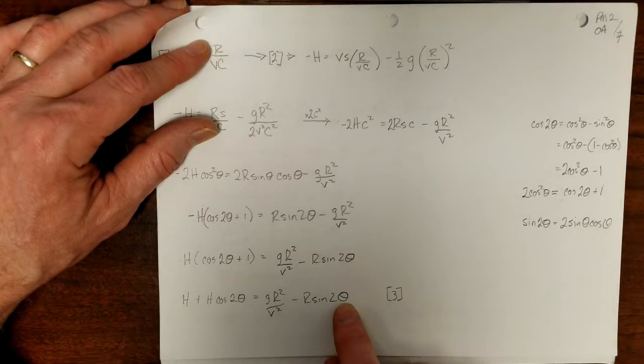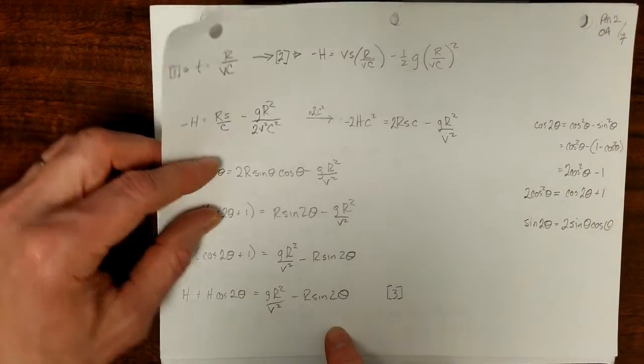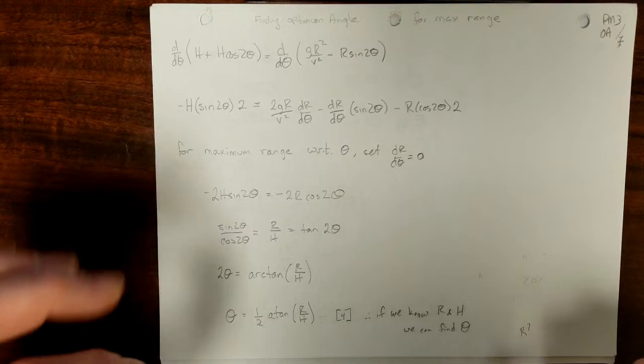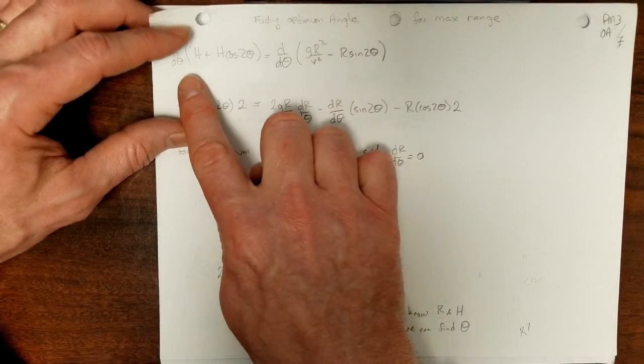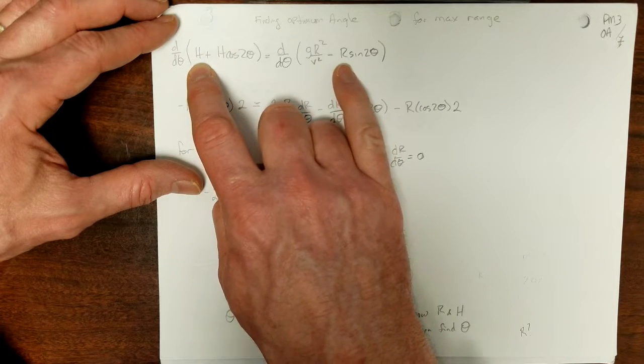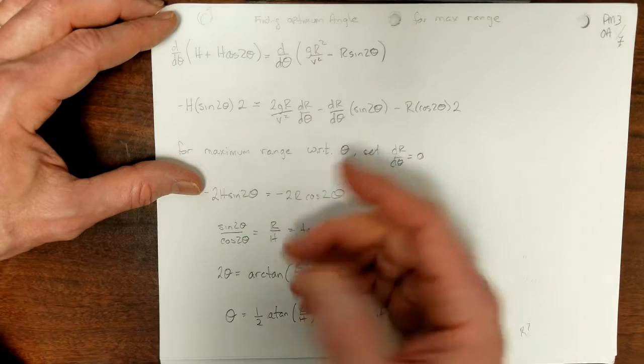I'm trying to find the angle theta so that r is at a maximum value. So instead of solving for r and then taking the derivative, we'll just take the derivative at this point. The math is just a little bit easier doing it at this point. Well, h is pretty much set, r is the variable, v is set, theta is a variable.